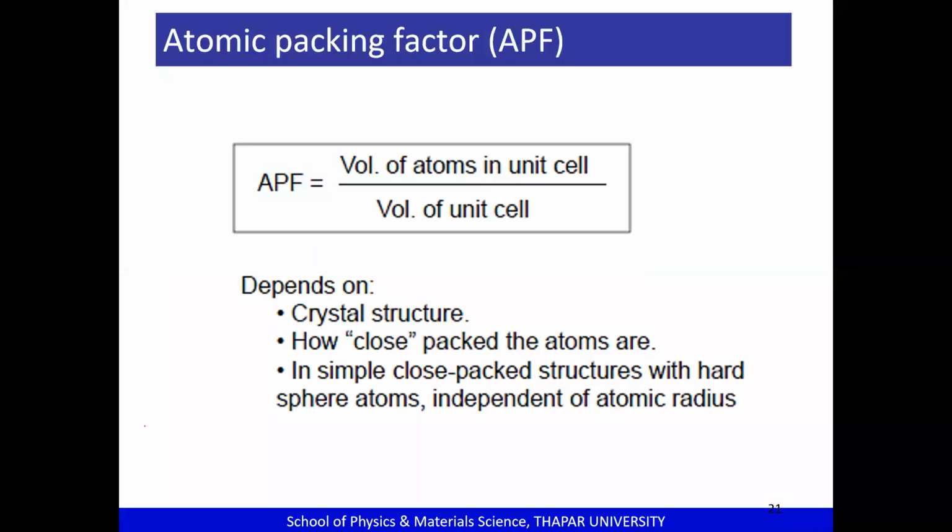There is another important physical quantity which we will keep referring to for different unit cell types, called atomic packing fraction. In general, we will call it APF. APF is defined as the fraction of the volume occupied by the atoms of the unit cell. So you can define APF as the volume of the atoms within the unit cell to the total volume of the unit cell.